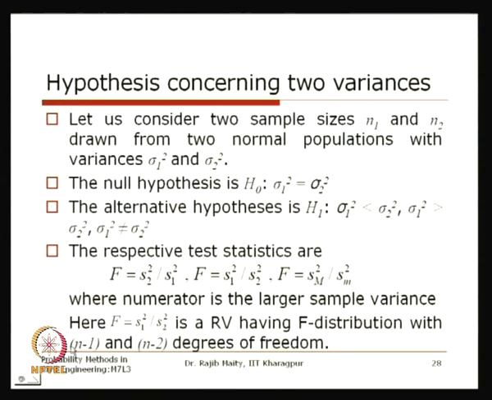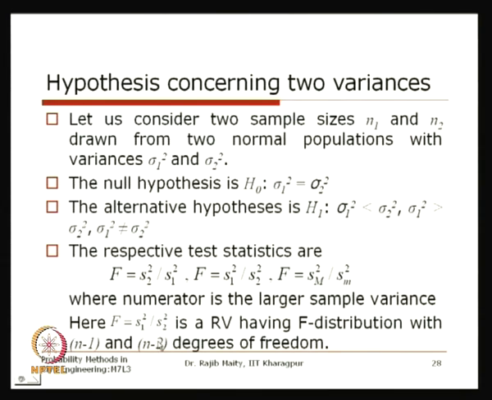So, this n when we are writing here, there is a typing mistake. The first one is for the numerator. So, whatever is there in the numerator should be your first degrees of freedom, and whatever is there in the denominator should be your second degrees of freedom.